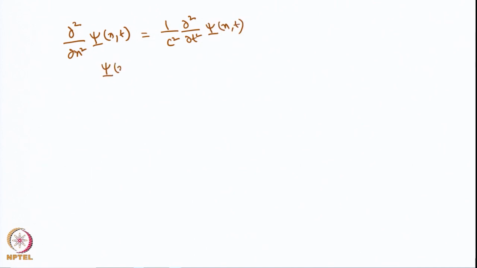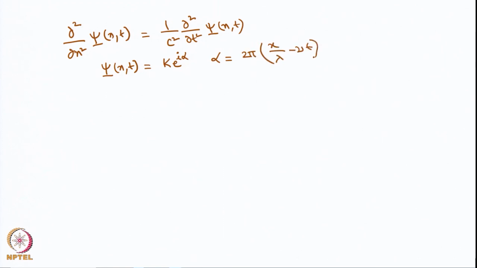In lecture number 1, we started with the classical wave equation, which is d square by dx square of psi of x comma t is equal to 1 over c square d square by dt square psi of x comma t, where psi of x comma t is equal to k e to the power of i alpha, and alpha is equal to 2 pi (x by lambda minus nu t).